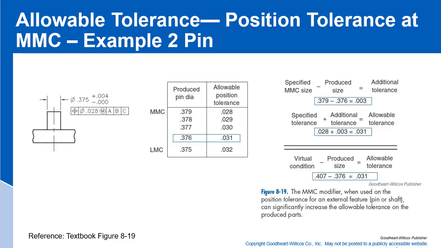The other way to look at it is the virtual condition is 407, the MMC of the pin plus the 28 thousandths, and then minus the produced size, which is 376, we've got 31 thousandths. So that's our allowable tolerance. We made the pin 3 thousandths off the MMC, in which case we effectively added 3 thousandths bonus tolerance to our position.